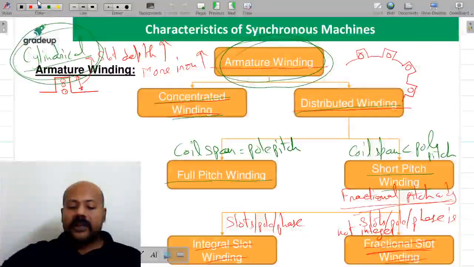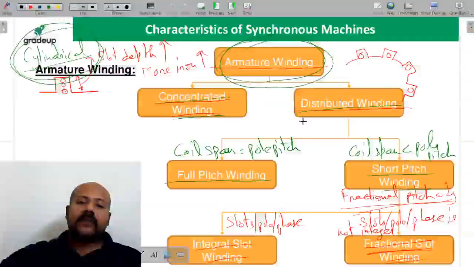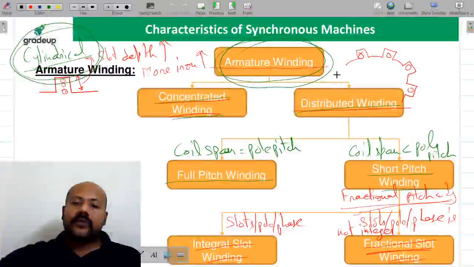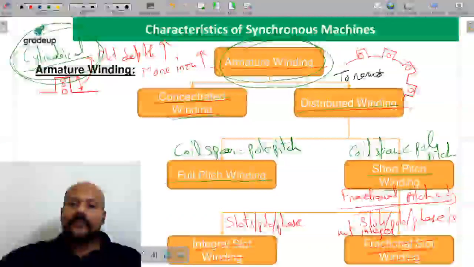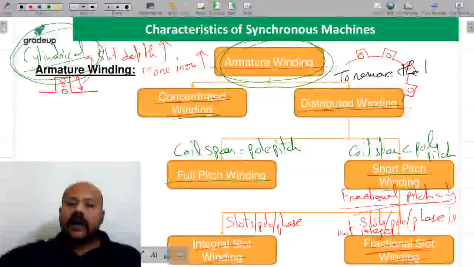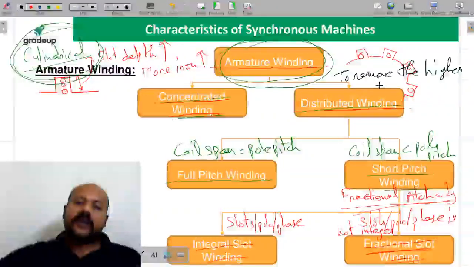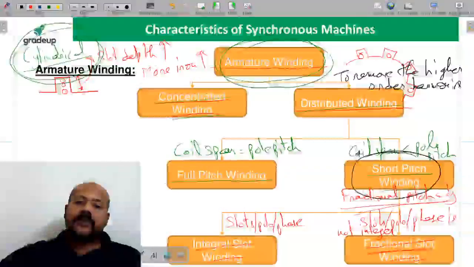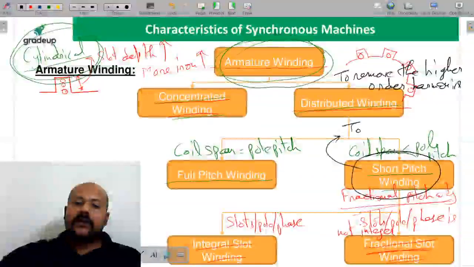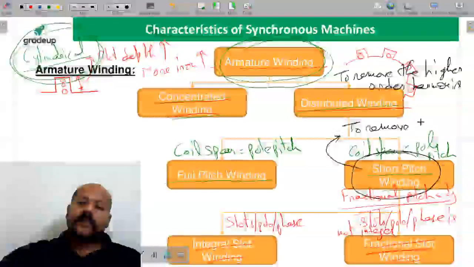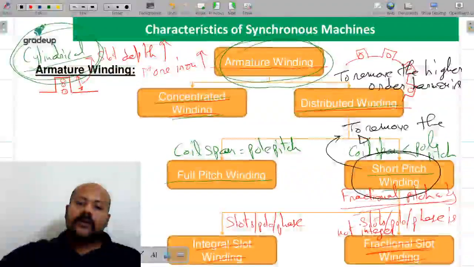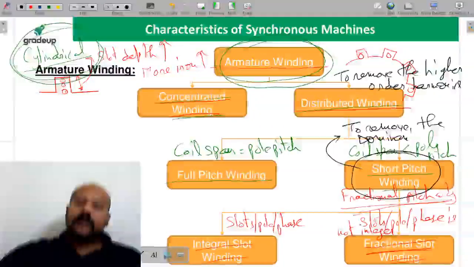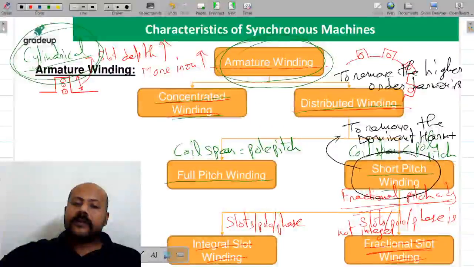Why are we using the distributed winding? Distributed winding we are using to remove the higher order harmonics. The short pitch coil we are using to remove the dominant harmonics.